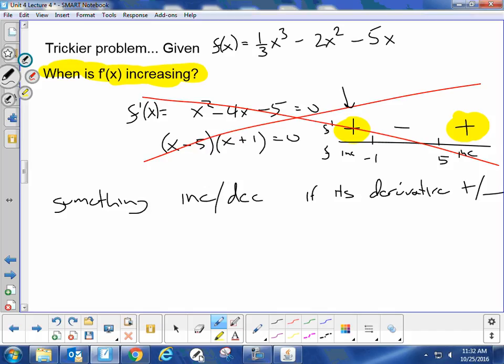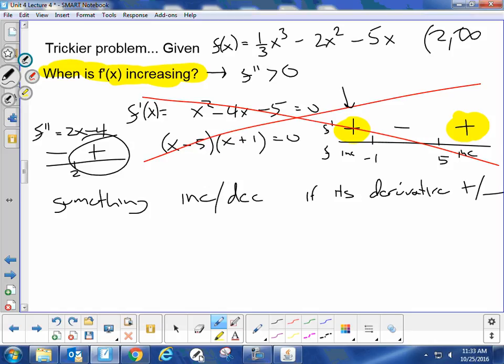If I ask you when f prime is increasing, this is when f double prime, which is the derivative of f prime, is positive. So I actually need to go to the second derivative, get 2x minus 4, look at 2, and then it's positive to the right of 2. This is when f prime is increasing, between 2 and infinity.